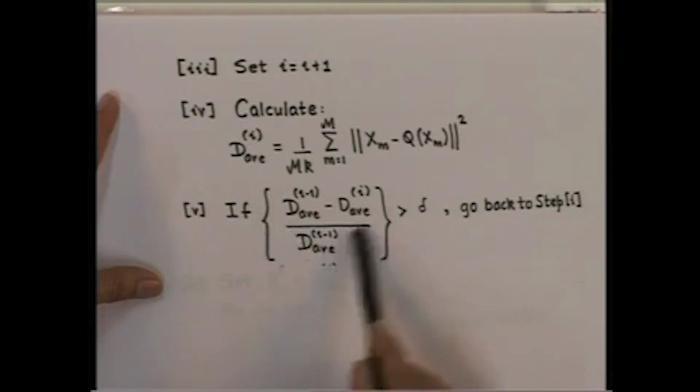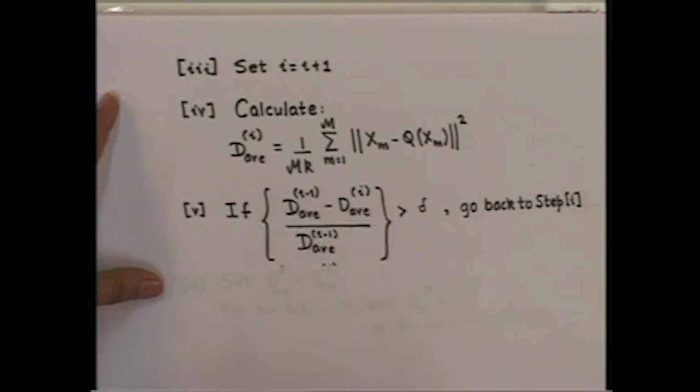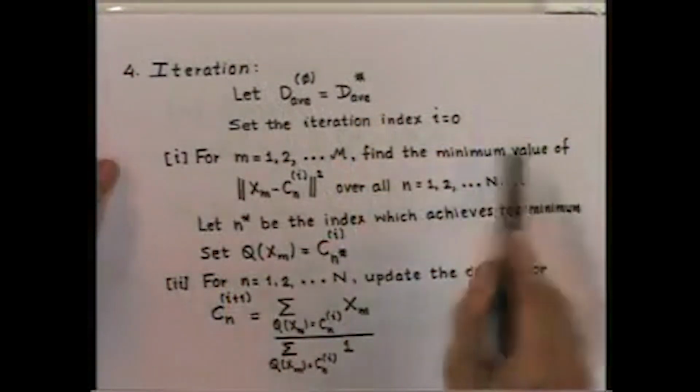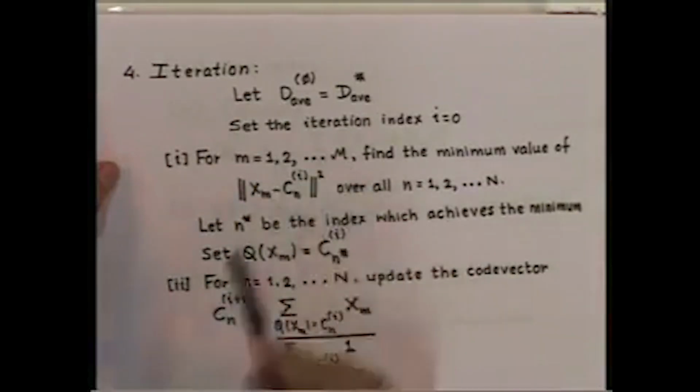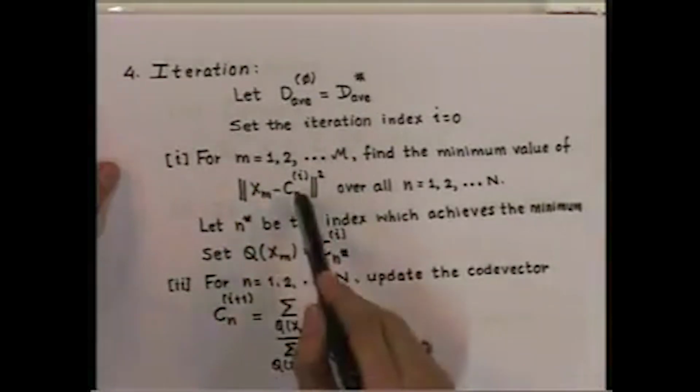If this quantity is greater than delta, it implies that we need some more refinements. So, we go to step 1, where we again divide the complete training set into two groups, but this time using the updated code vectors C1 1 and C2 1.